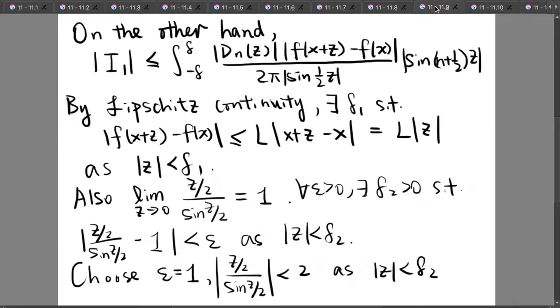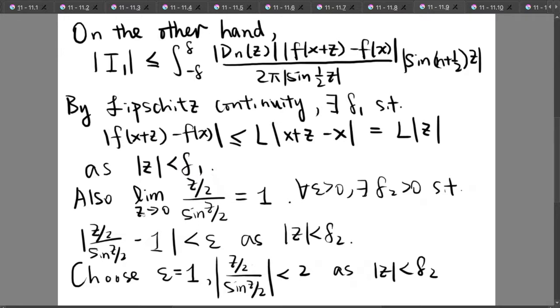So if we do the same estimate as before, we know that the absolute value of I1 should be smaller than or equal to the integral, putting the absolute value inside the integral sign. And let's start using our assumption. By the Lipschitz continuity of f, we know that there exists a delta 1 such that the absolute value of f(x plus z) minus f(x) is smaller than or equal to L times the absolute value of (x plus z minus x), which is essentially equal to L times the absolute value of z, as the absolute value of z is smaller than delta 1.